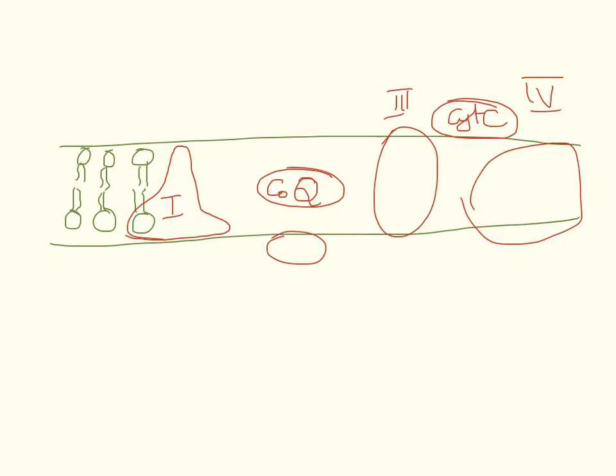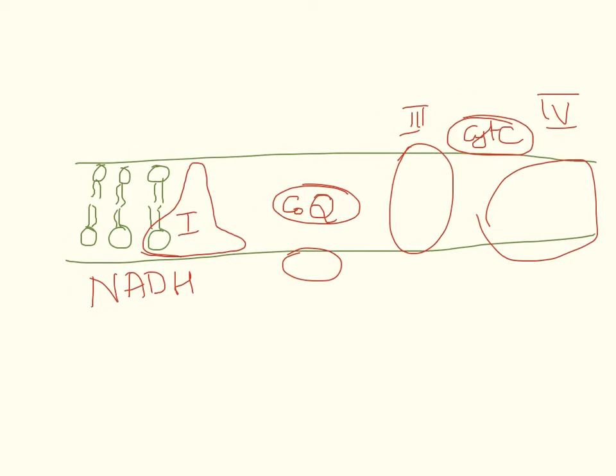So what happens in electron transport is that the NADH will oxidize to form NAD plus, and the electrons are given to complex 1.